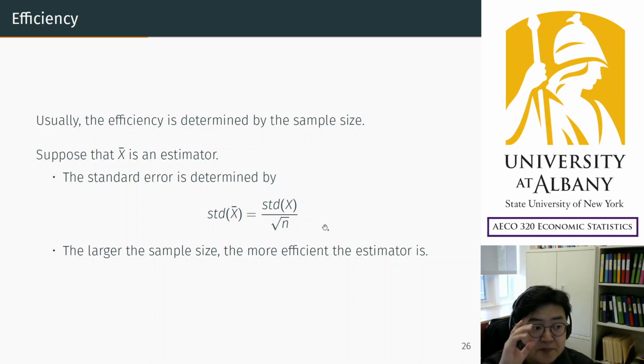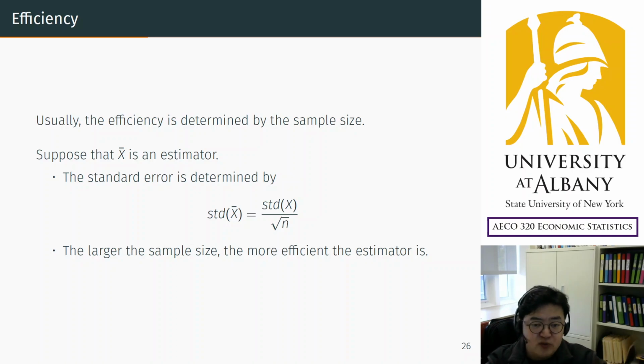Simply speaking, if you increase the sample size, you get a more efficient estimator. Otherwise, if you cannot fully utilize the information in your data, then your estimator is inefficient. So the standard deviation of an estimator depends on how efficiently you utilize the information. If you have 100 observations, you have to use all of them and extract all the information in the data.